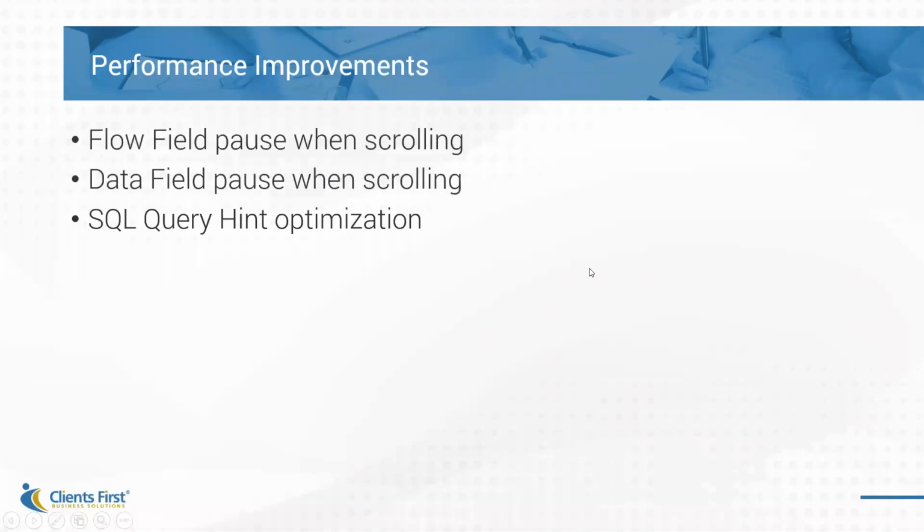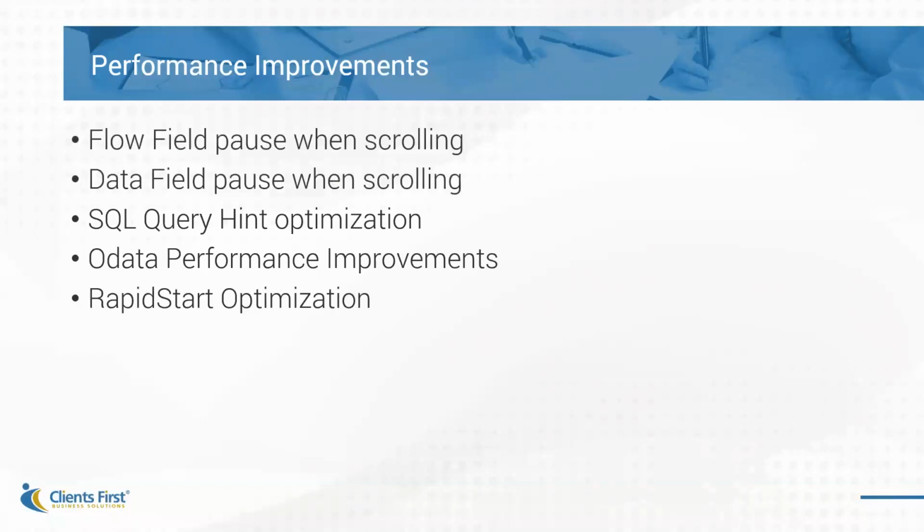They have modified the system so that SQL queries can be optimized based on hints that they utilize to find the precise records that are being searched for. This represents somewhere between a 30 and 60% improvement in queries within the database. They've improved OData, so web services that are pulling data out of the system, they've done improvements with OData.